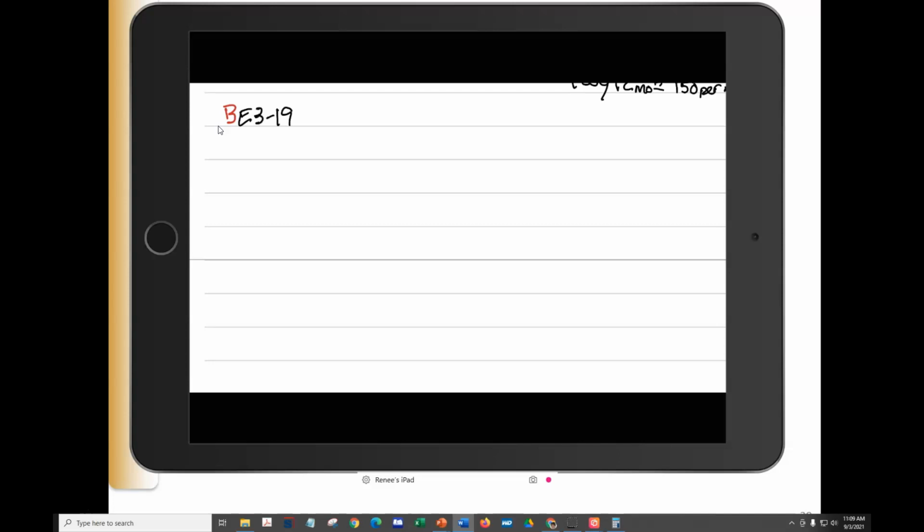3-19. So what I want to do is create my T accounts. They were listed in the problem, so I want to create retained earnings. And it has a balance of $230,000, and we know that's on the credit side.